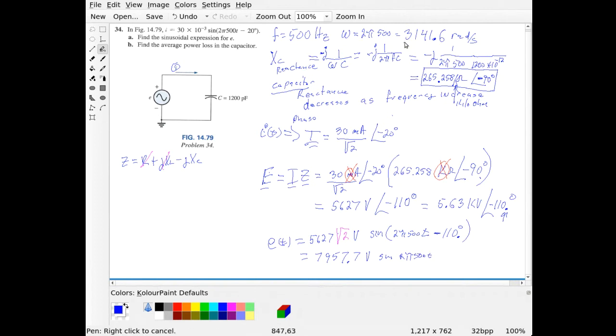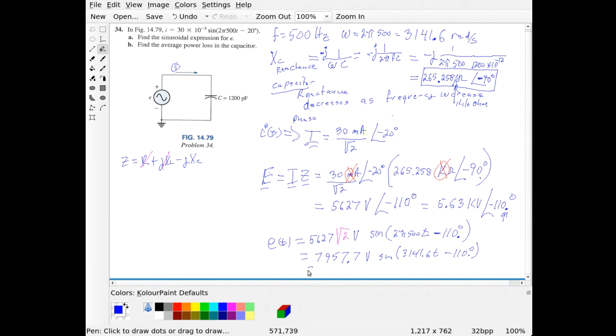And actually, I calculated that up here. So if I'm going to do Blackboard, I'm going to have to write that out. So we'll put that as 3141.6 t minus the 110 degrees.